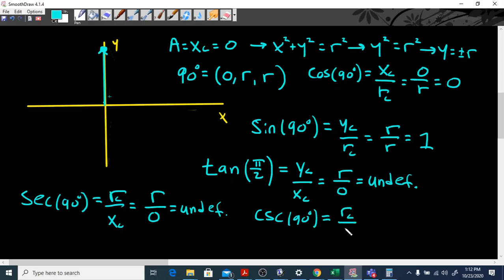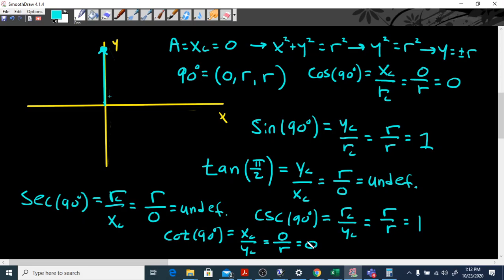That's going to be the r component over the y component. R over y, that's just going to be r over r. That's 1. Okay, and last but not least, the cotangent of 90 degrees. Okay, that is x over y, which is 0 over r, which is 0.